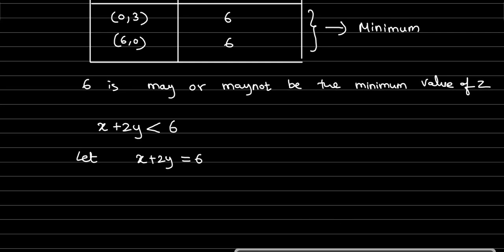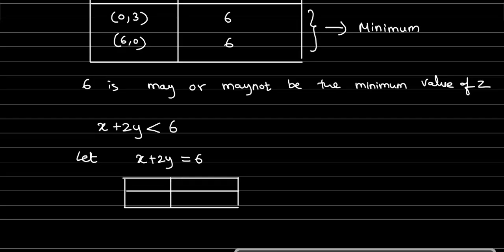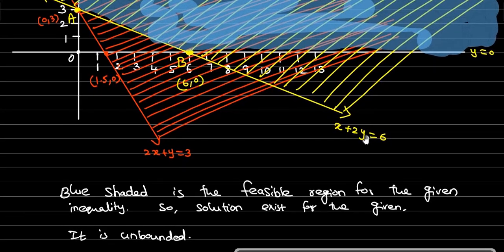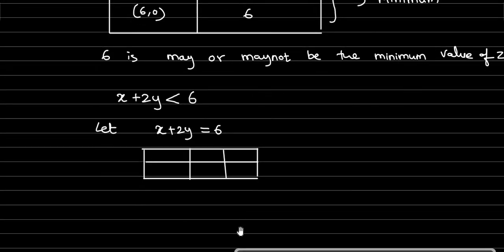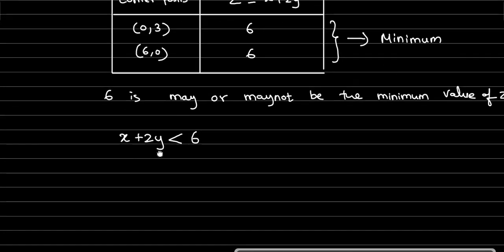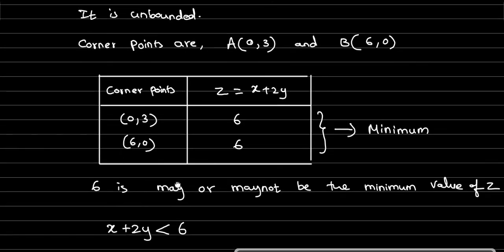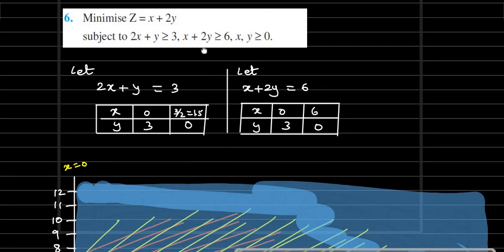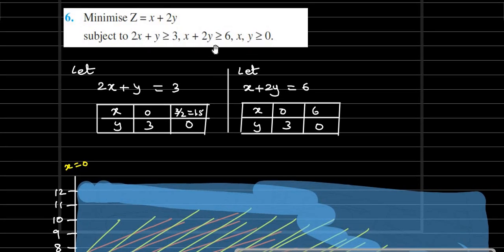Let's consider it as an equation and draw the line. I think x plus 2y equal to 6 we have already drawn here. Since we already have the line, we only need to identify the solution space for x plus 2y less than 6. The given inequality, x plus 2y greater than or equal to 6, is what we have drawn.